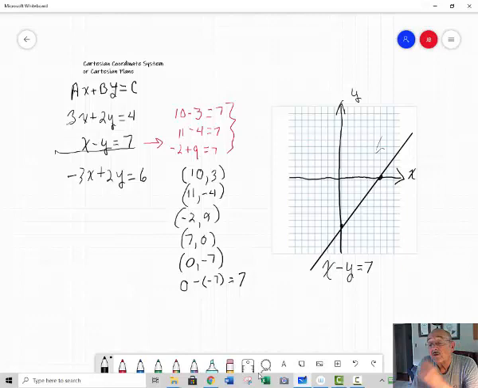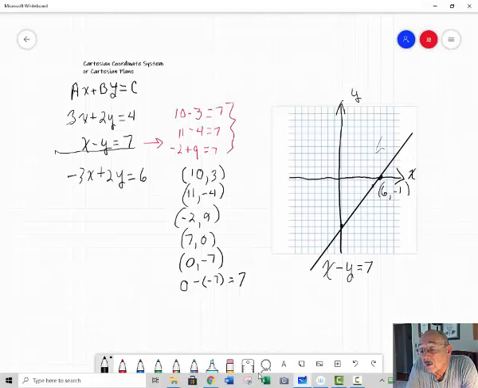Let's see if I can find one. How about this point right here? This point looks like it ought to be about 6, negative 1. Now the question is, does 6 minus negative 1 equal 7?